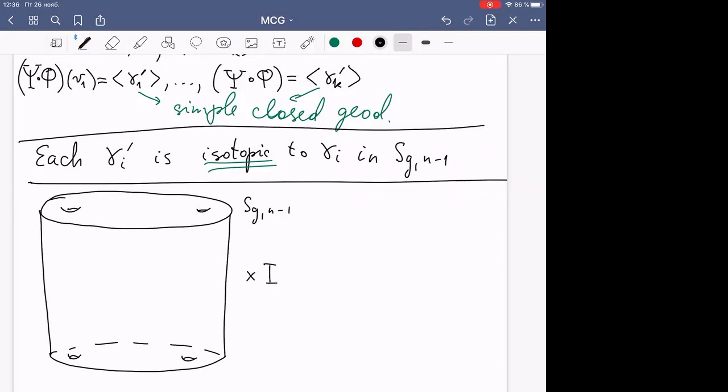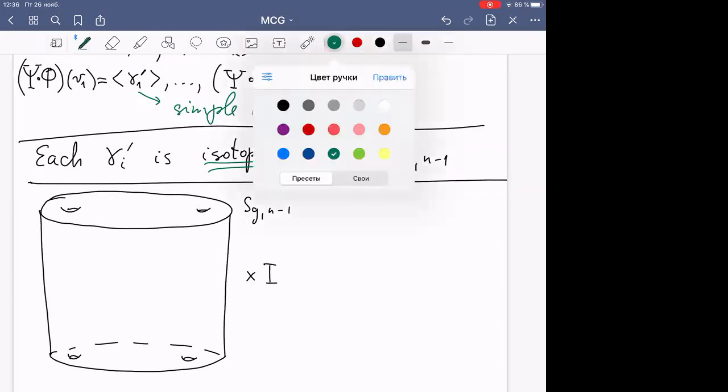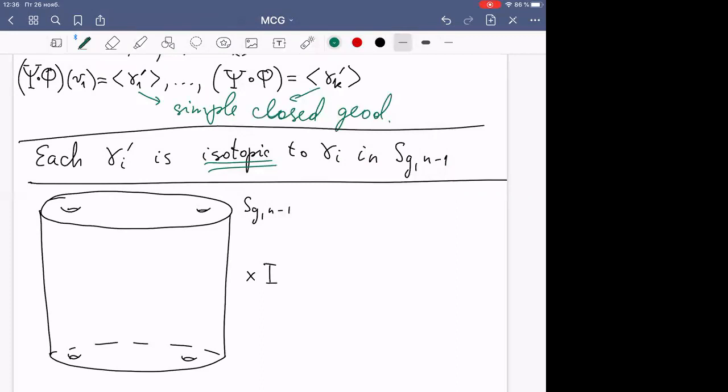an interval, then what is an isotopy between gamma I? Sorry, I would like to take another color. This one is gamma I. And here I have some schematic picture; of course, gamma I is an essential curve. And what is an isotopy?